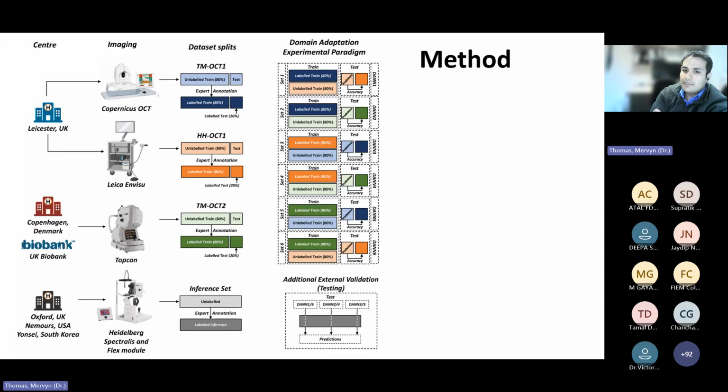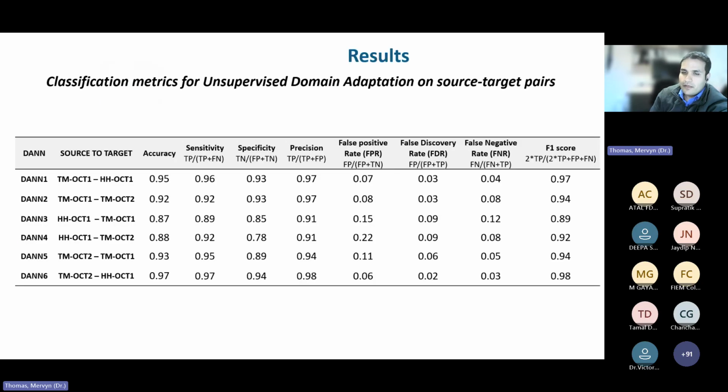We used these different DAN sets with data that we acquired on a completely different machine from Oxford Nemos in the US, as well as Yonsei University in South Korea. This is also a handheld machine, but it's a flex module. So this was quite a unique experimental paradigm, which we adapted and used. What we found were different performance indices, as you'd expect.